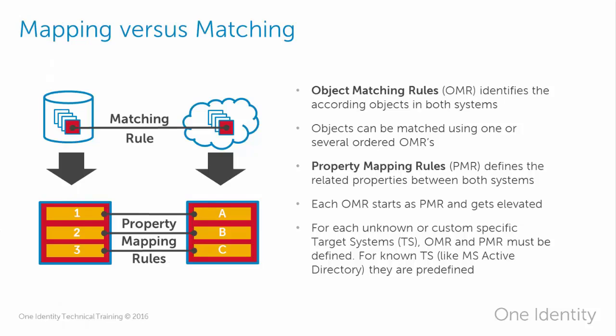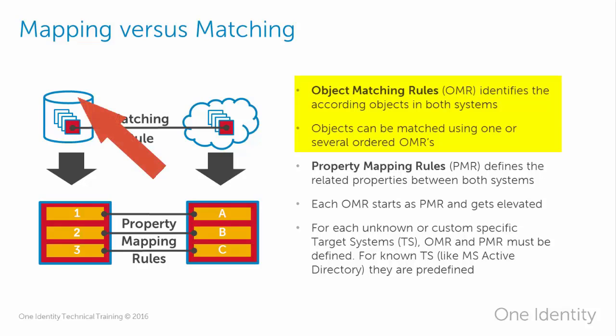Known from some other amazing software products, there is the mapping versus matching concept. We know now the same terms in One Identity Manager, but to make fully clear what we are talking about, please let me just define these concepts again. First of all, the matching rule. Matching rules are needed to identify objects existing in two different systems.